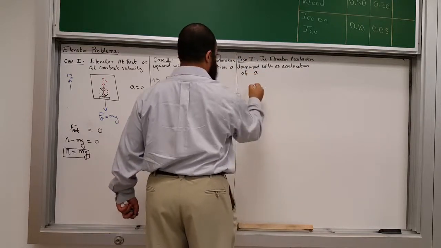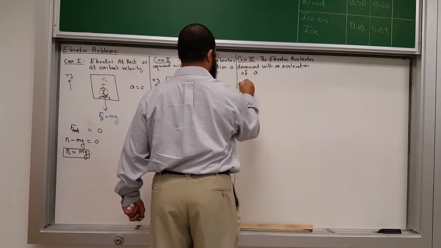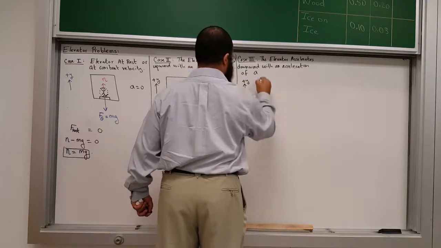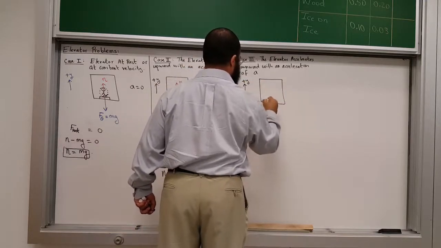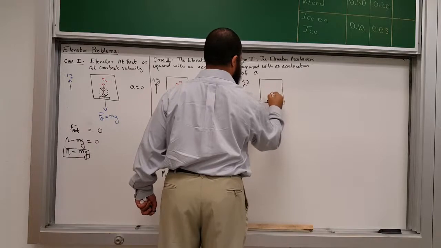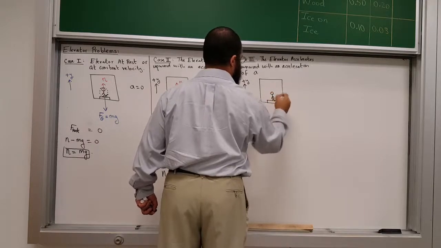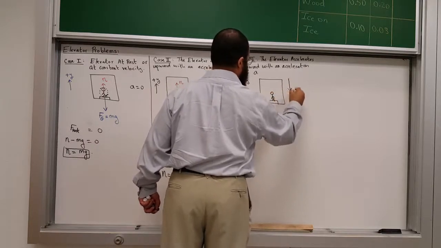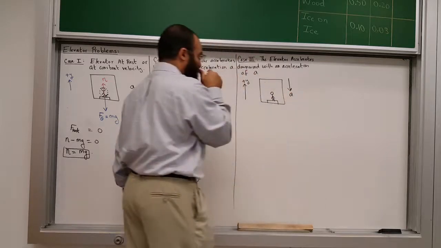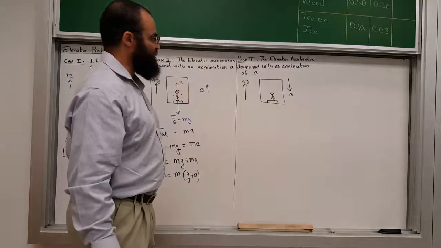It's downward. So, here's my positive y direction again. Here is the elevator. Here is the scale on which we're standing. Okay? And the acceleration is downward, so it's really a negative number.